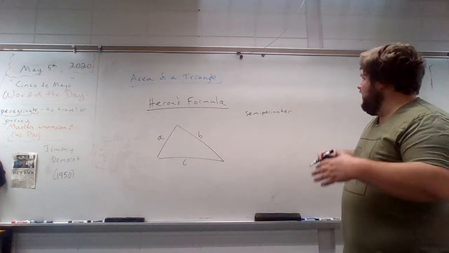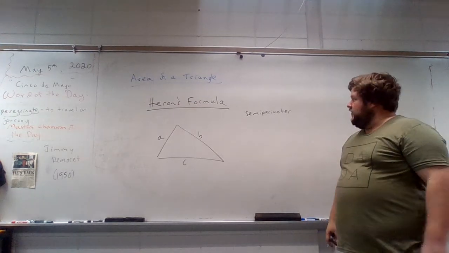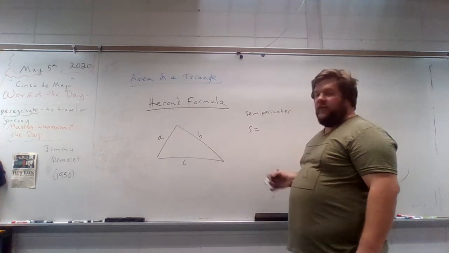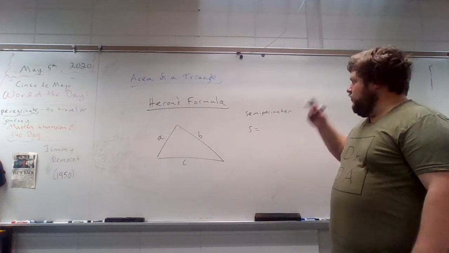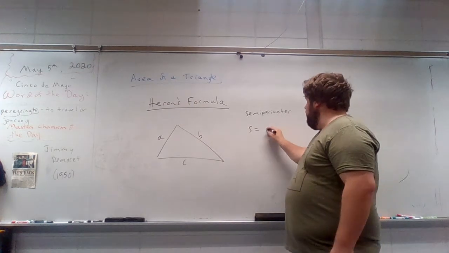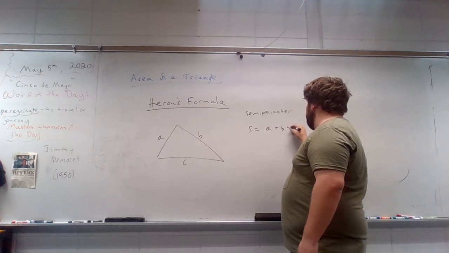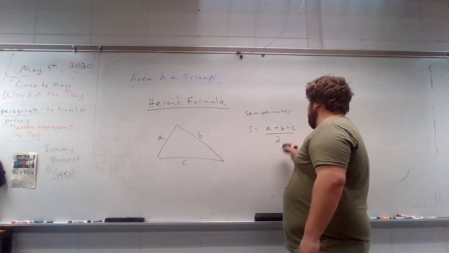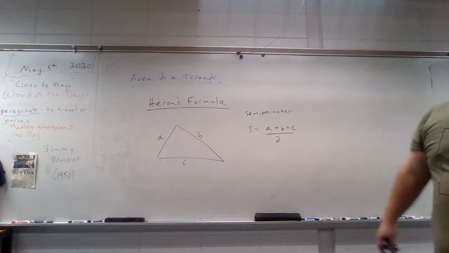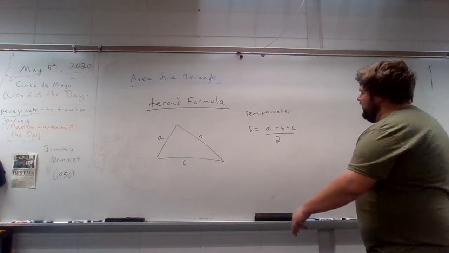It's actually half of the perimeter. So I use this little s, and I would add the sides up and divide by 2. So s is equal to a plus b plus c divided by 2.